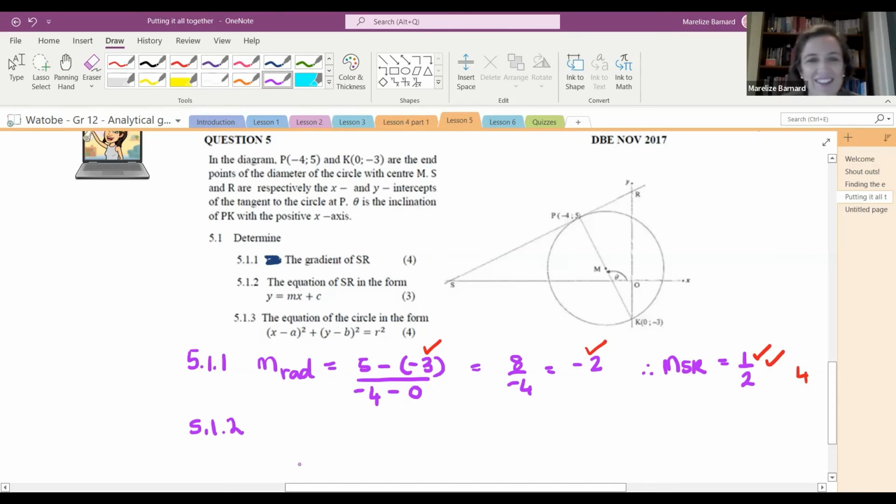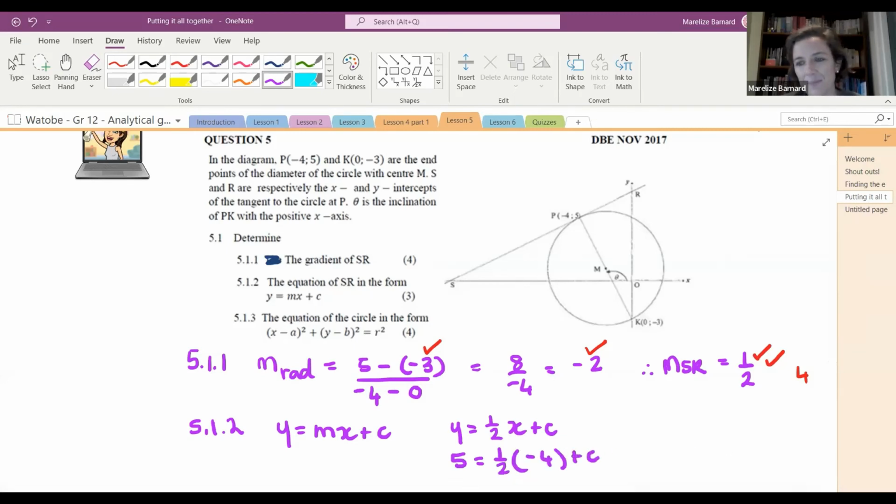Okay, so the equation of SR in the form y = mx + c. So the gradient we worked out is a half, so y = 1/2 x + c, and then we're going to pop in our point P (-4, 5). So that's 5 = 1/2 (-4) + c.